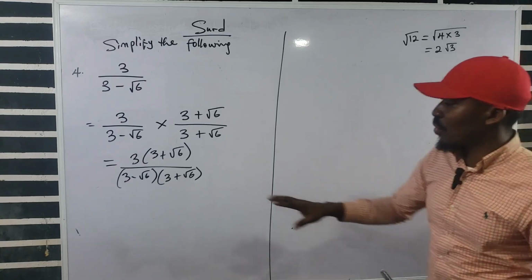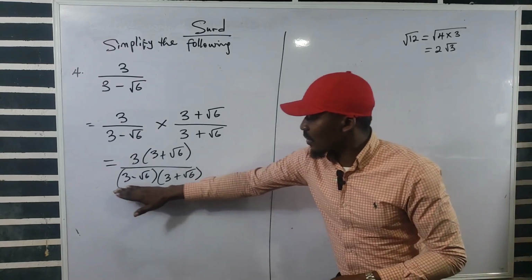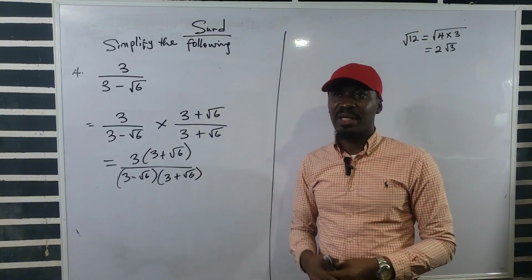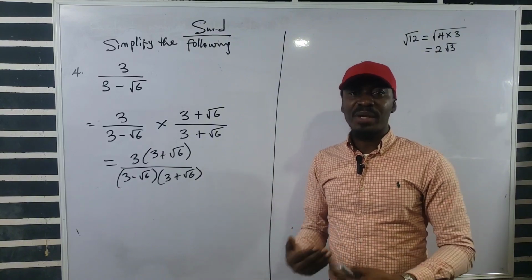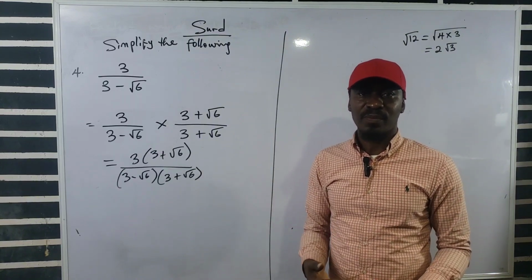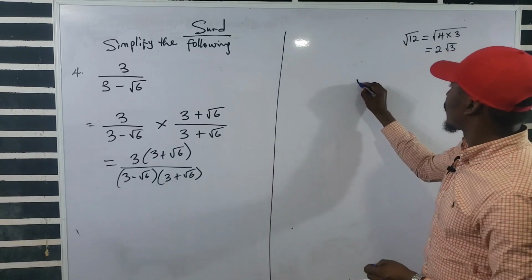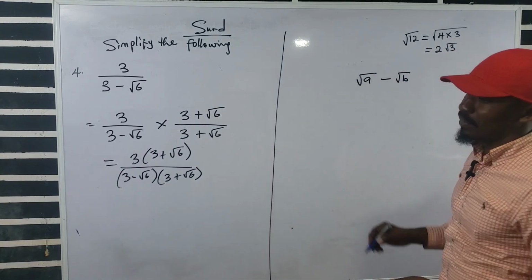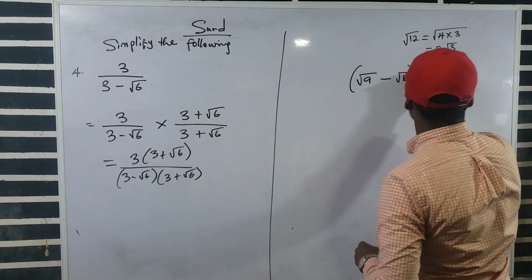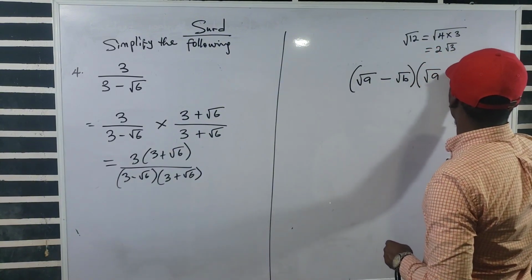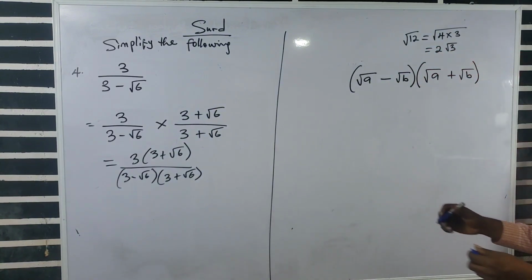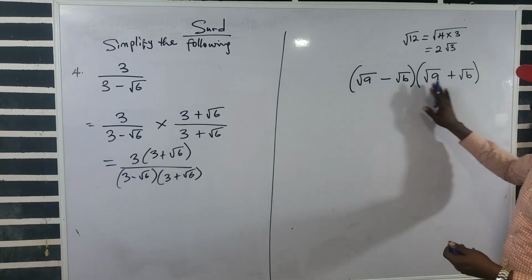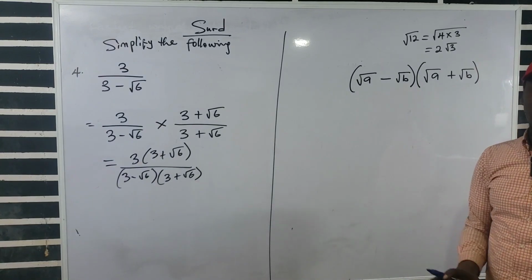Now, we need to open this bracket. But first, let us talk about whenever a surd is multiplied by its conjugate, so that each time we encounter it, we'll know what to do. Okay, if you have surd A minus surd B times surd A plus surd B. Now, if you have done your algebra very well, you will notice that what you have here is a difference of two squares.